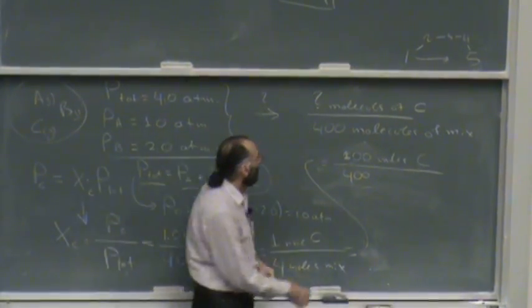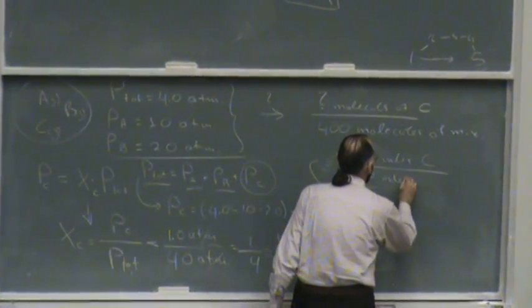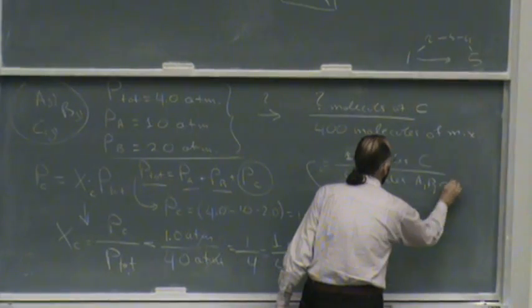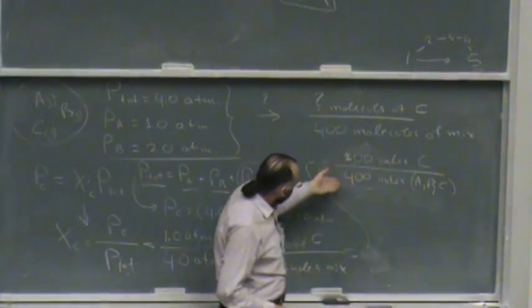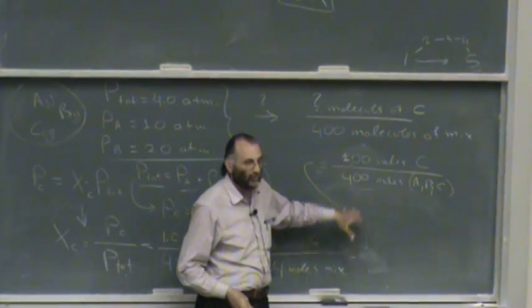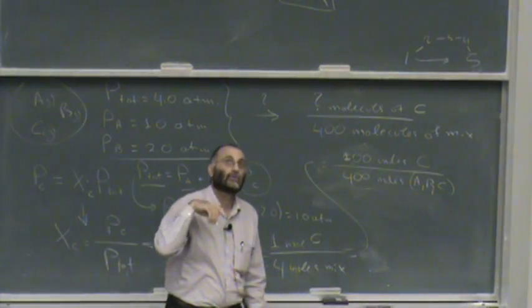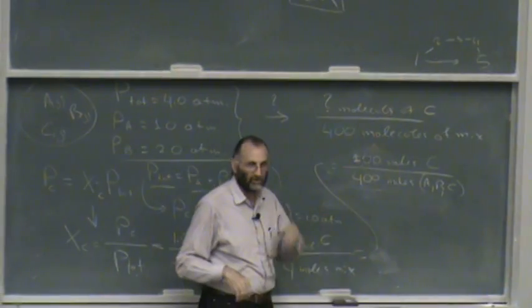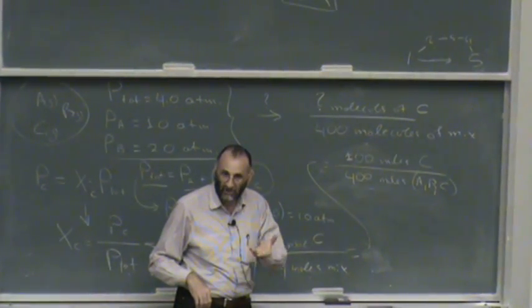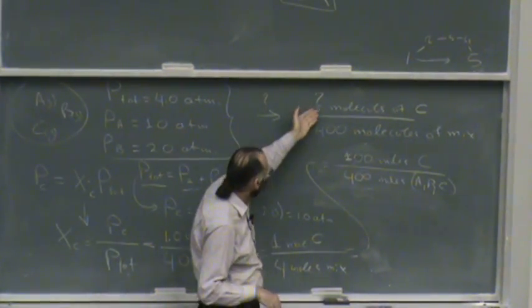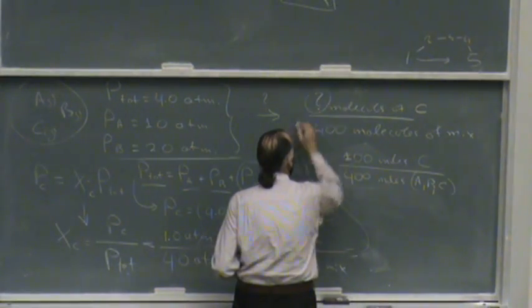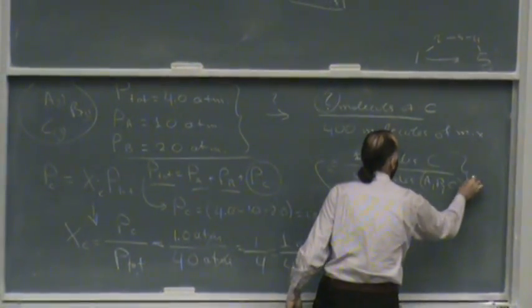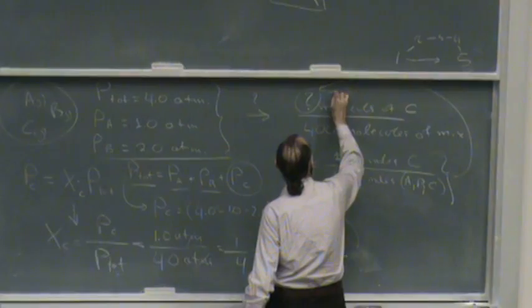That's what I want. That's moles of A, B, C, all of it together, mixture, right? So I have the ratio with 400 in the denominator. Now the ratio of moles is also a ratio of particles, molecules. And therefore this number then, from here, should be equal to 100, right? Can you see that?